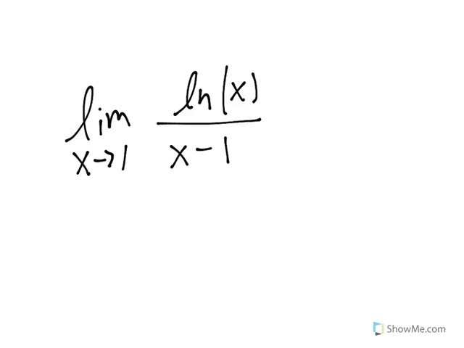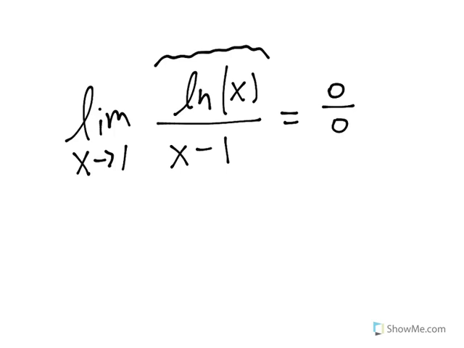If you plug in 1 for x, you get 0 over 0. One thing you could do is grab your calculator and plug in the natural log of x divided by x minus 1, and see what happens as x approaches 1. You actually get a little hole in there.